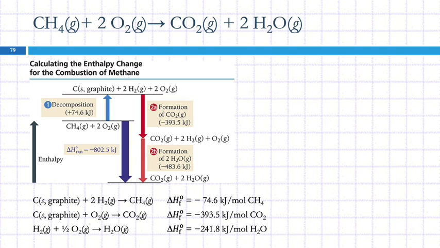So the way we calculate using heats of formation, we say the standard heat of reaction. We're going to look at the products. Here's a product, CO2. There's 1 mole of it, and the heat of formation for CO2 is negative 393.5 kilojoules per mole.